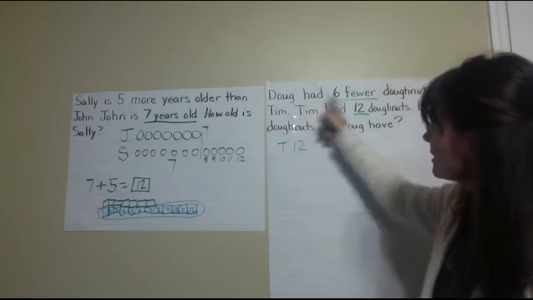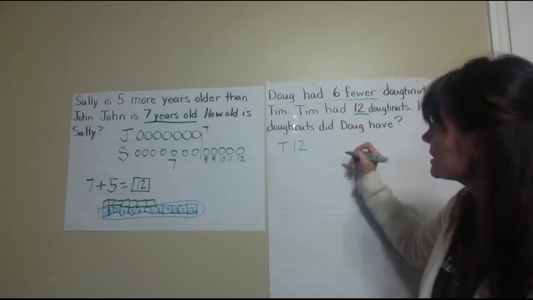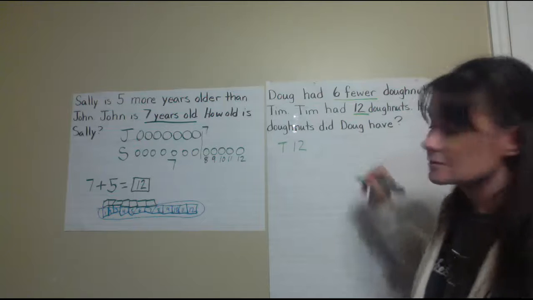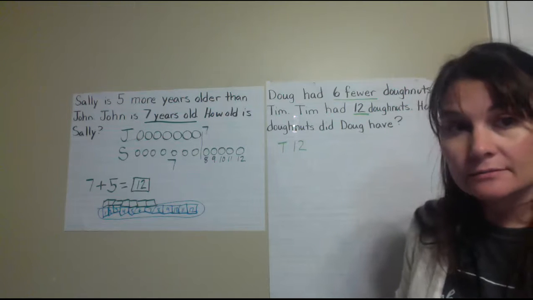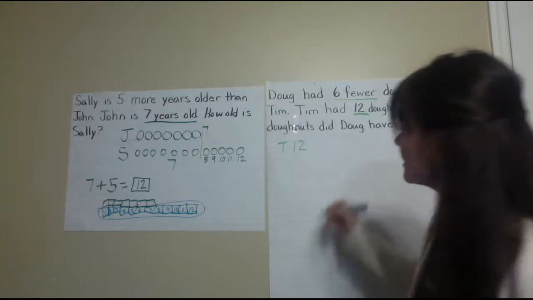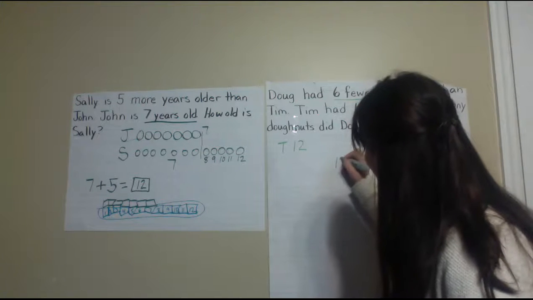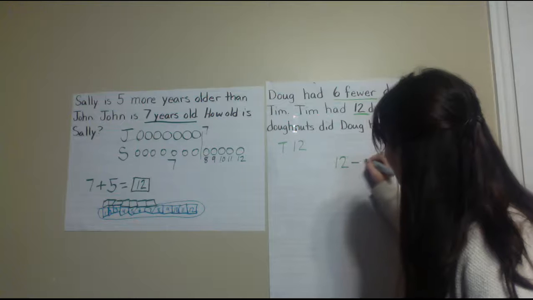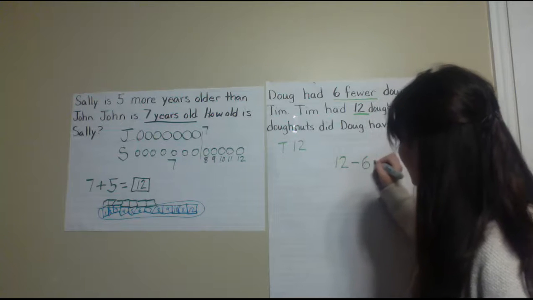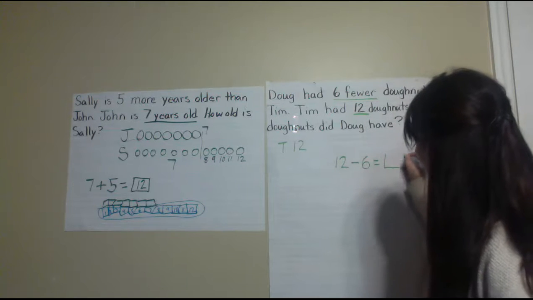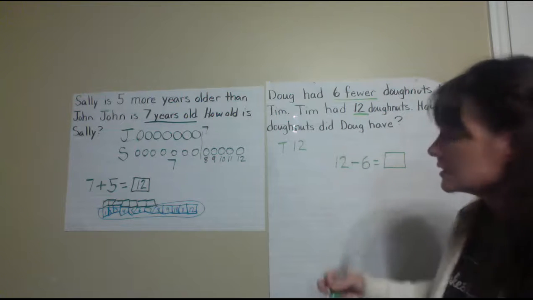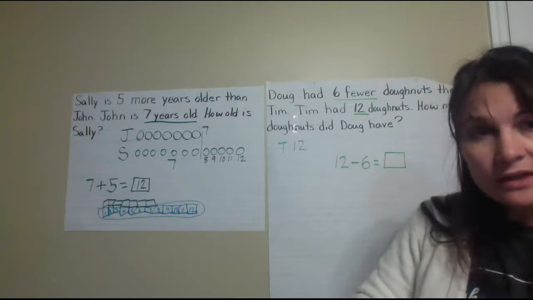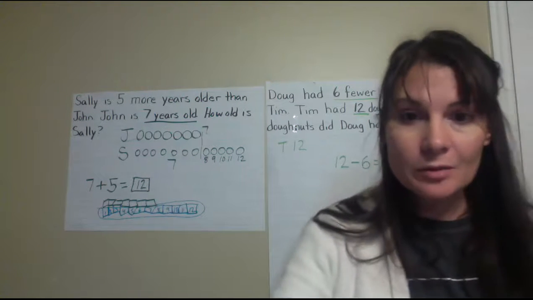And I know that Doug has 6 fewer. So does that mean I'm going to be adding or subtracting? You're right, I'm going to subtract. So my equation would be 12, do that 6 fewer, and that will tell me how much Doug has. Using your manipulatives, go ahead and try to solve that problem and then hit play when you're ready.